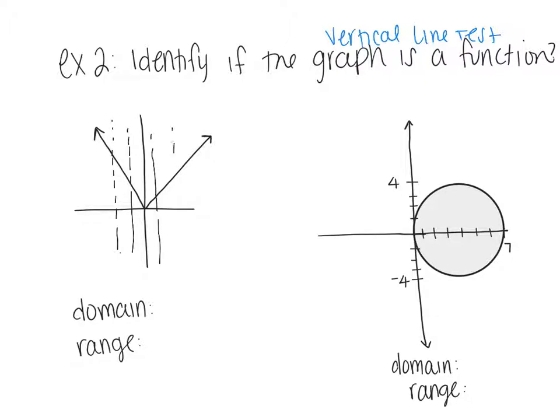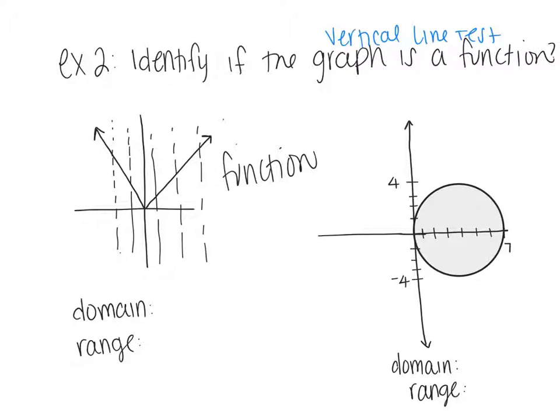Is there any place where a vertical line would make 2 points touch? No. So that thing is a function. If it passes the vertical line test, it is a function.